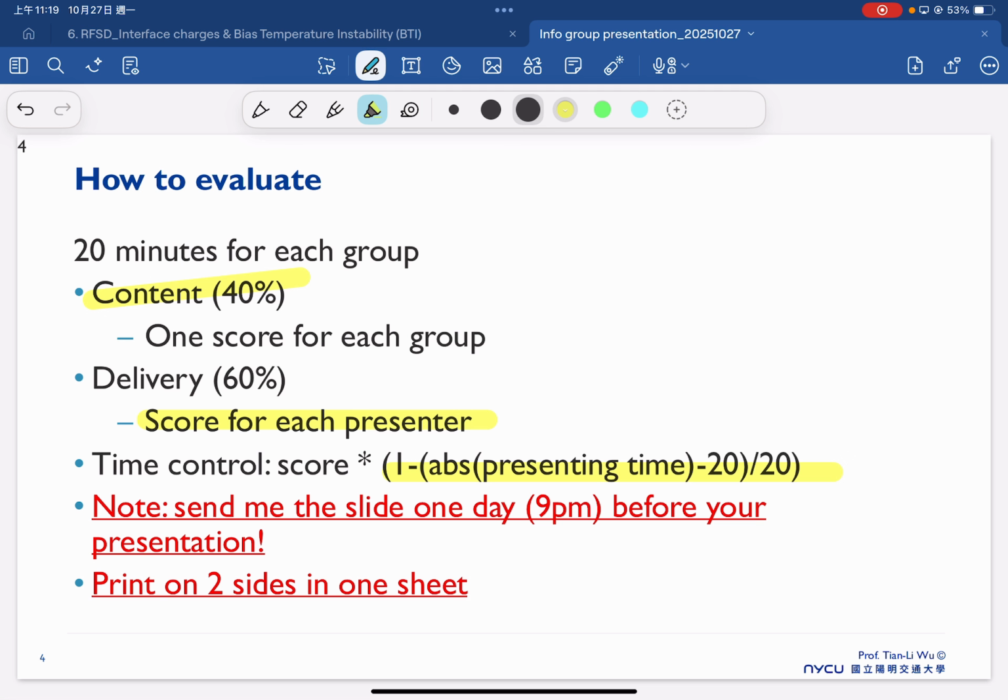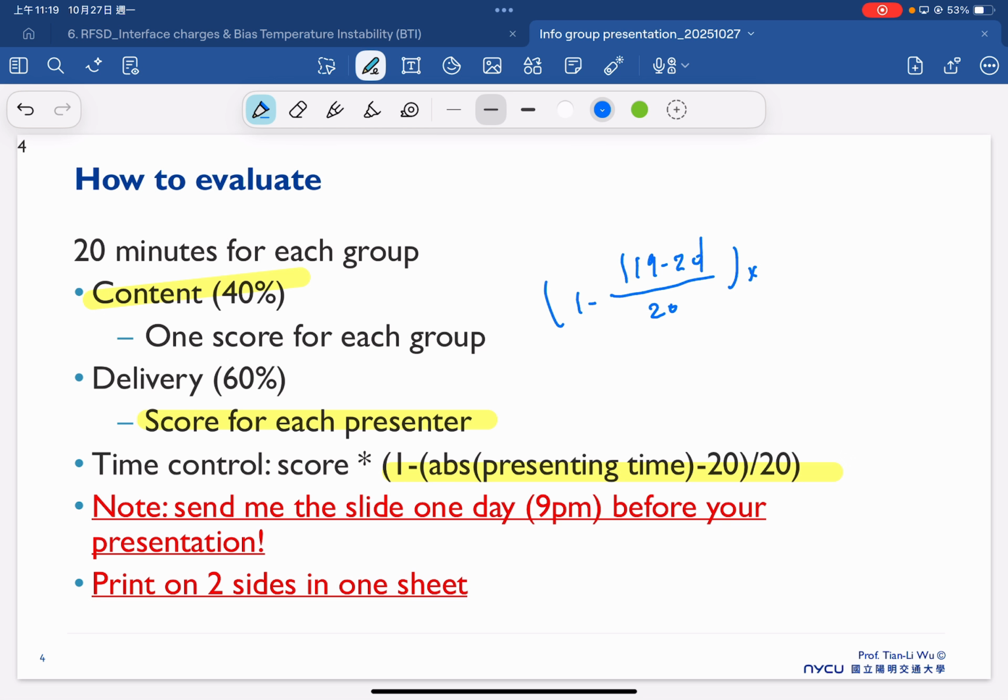For example, if you present for 90 minutes, then your score will be 19 plus 20 absolute, 20 minus times your original score here.